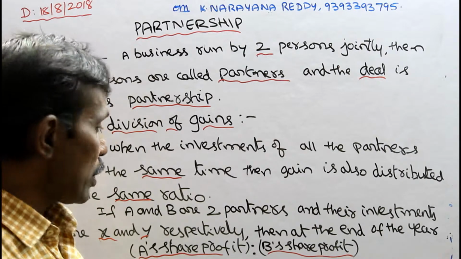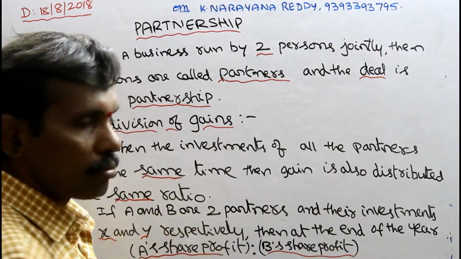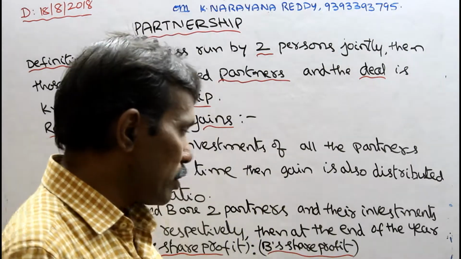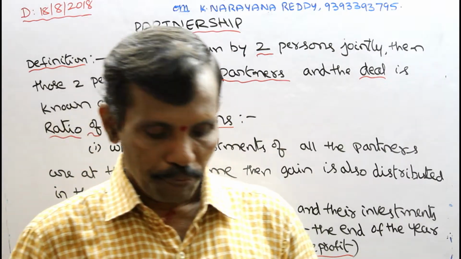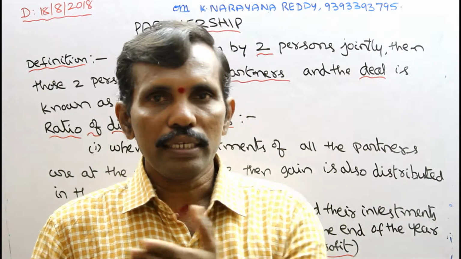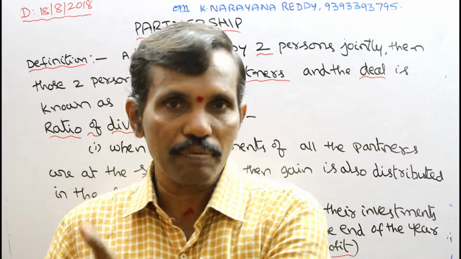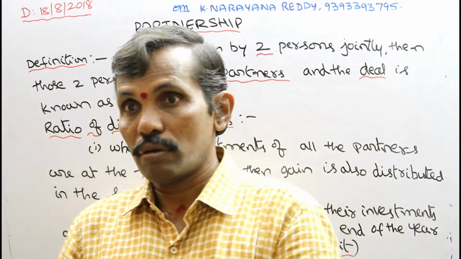How much amount he invested depends on how much profit he gets, and how much amount B invested depends on how much profit he gets. So when investments are at the same time, profits are in the same ratio, depending upon how much is invested in the business.